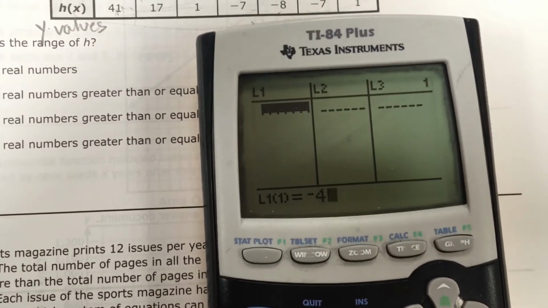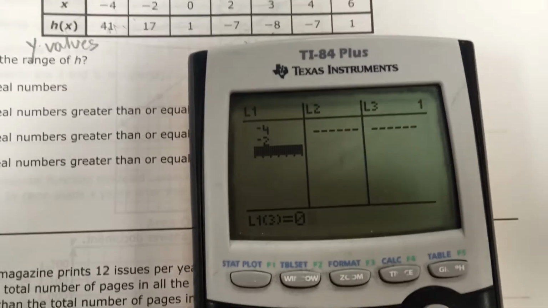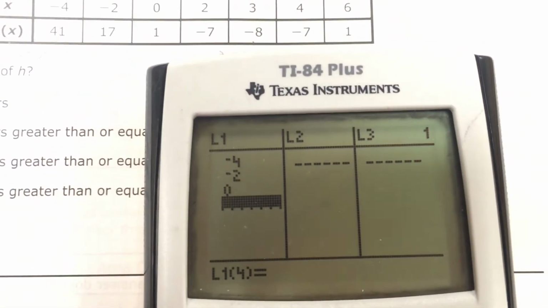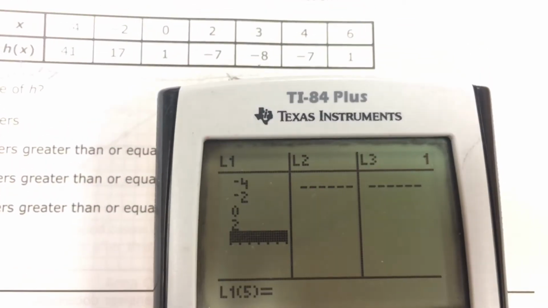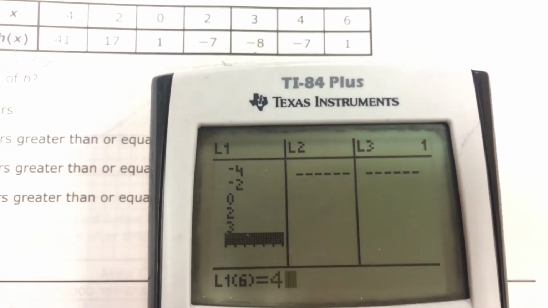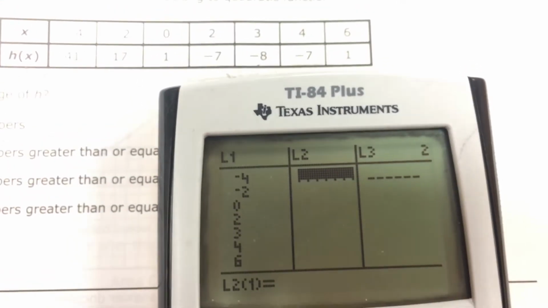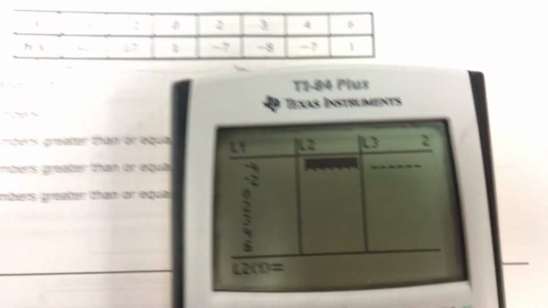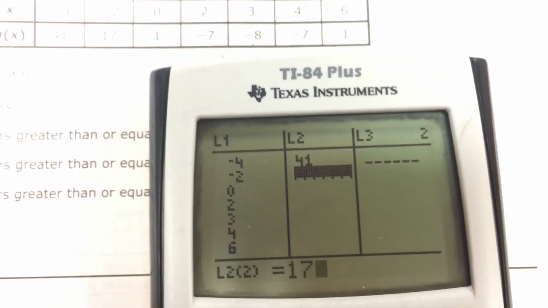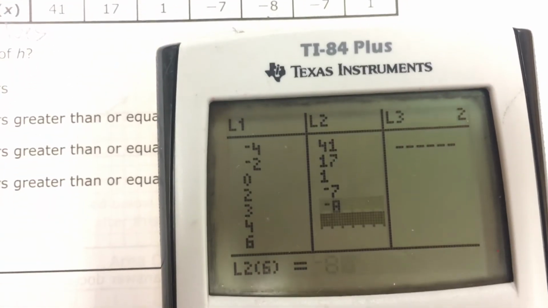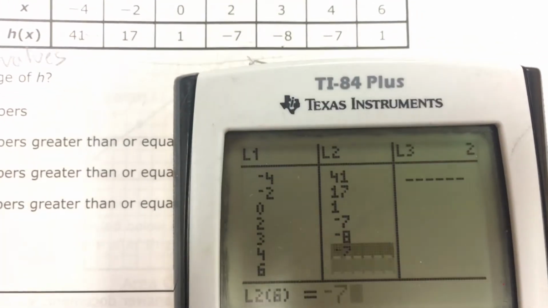So we got negative 4, negative 2, 0, what else? 2, 3, 4, 6. Go over to the y side and type in those values. We got 41, 17, 1, negative 7, negative 8, negative 7, and 1.